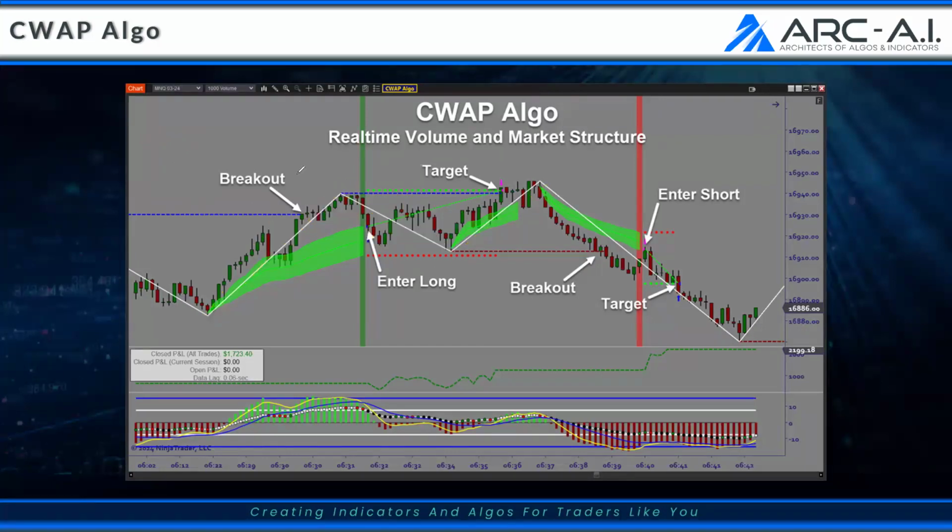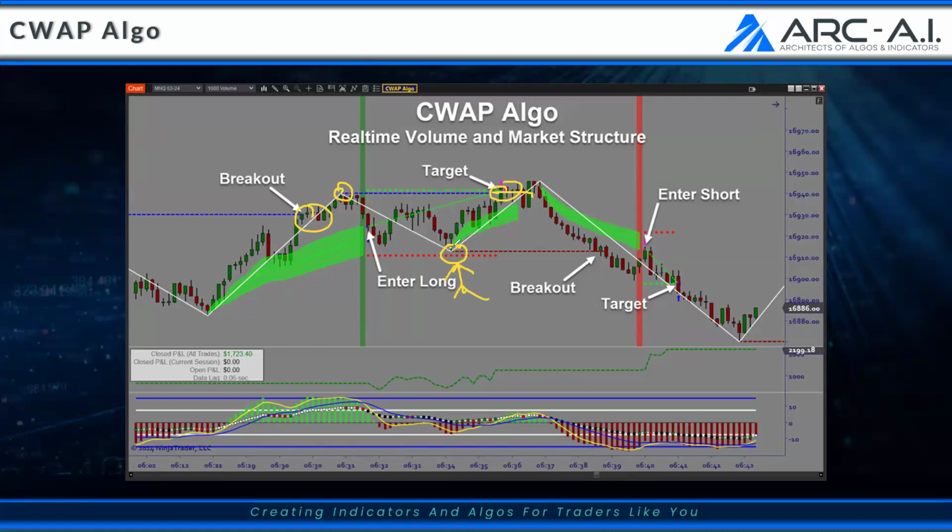Once we have a break of a previous structure level, like we can see here, how it broke through this pivot, the system automatically anchors a CWAP off of the low right here. It's starting to look like a little stick figure guy.